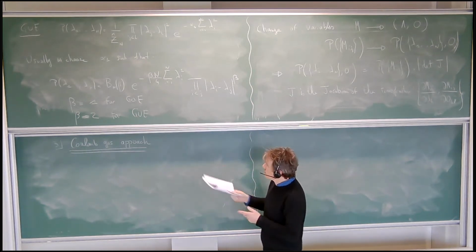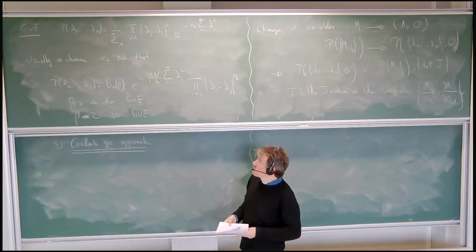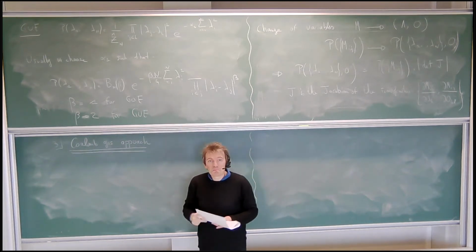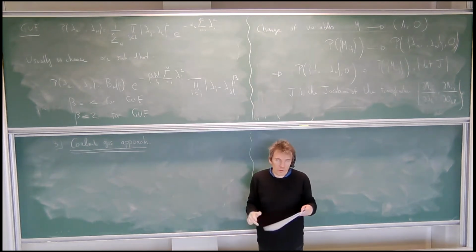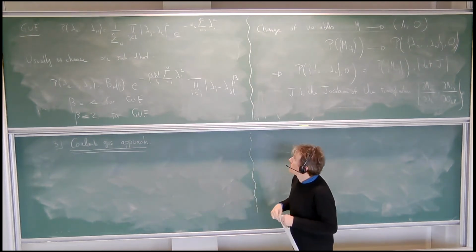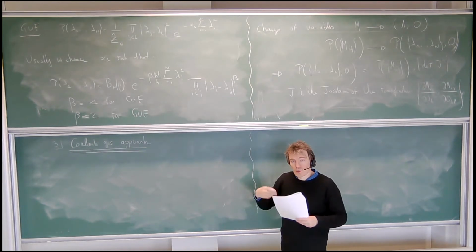This one already has a nice form. It's already the exponential of minus beta times something, and you see that beta already plays a bit the role of an inverse temperature. It's a bit formal at this stage, of course. But this guy, I need to exponentiate it.